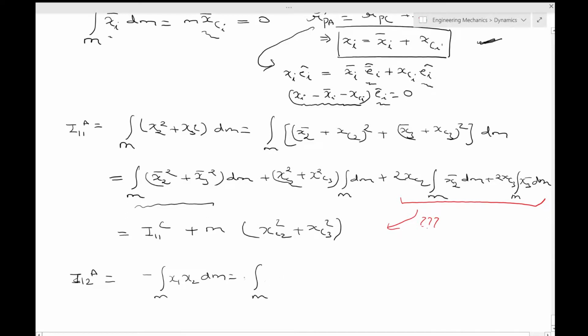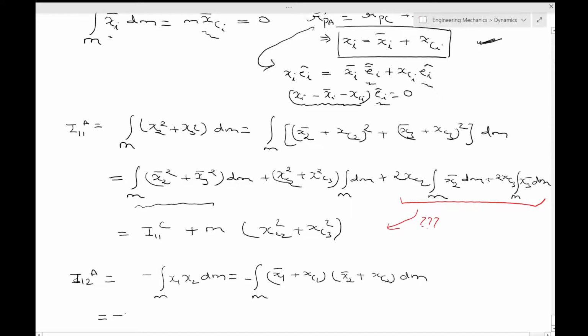So this would be minus the integral of x1 bar plus xc1, times x2 bar plus xc2, dm.